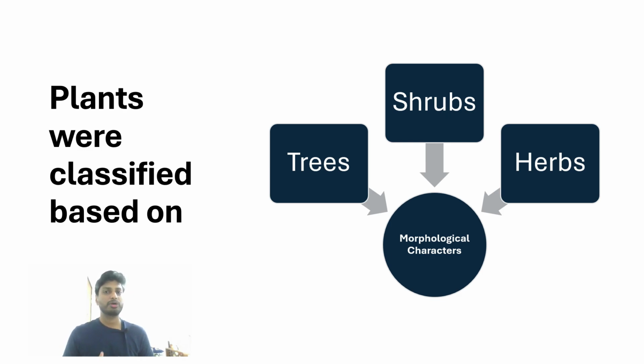When we talk about external characteristics, it can include factors like the height of the plant, the shape of the leaves, or the color of the leaves. Based on these morphological characters, he had classified the plants into three basic groups. These were nothing but trees, shrubs and herbs.